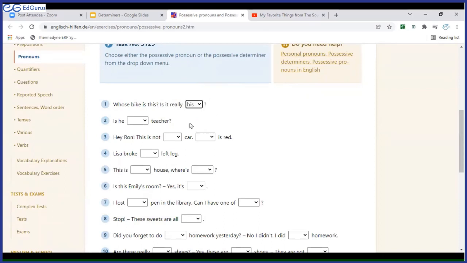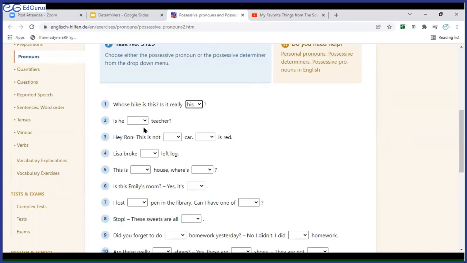It's not a possessive determiner, but it is definitely a possessive pronoun, right? So you see that we are doing possessive determiners, but you had been doing it so carefully that you chose his, because you know it is a possessive pronoun here. Why is it a possessive pronoun here? Because after his, there is no noun. So it can't be a possessive determiner.